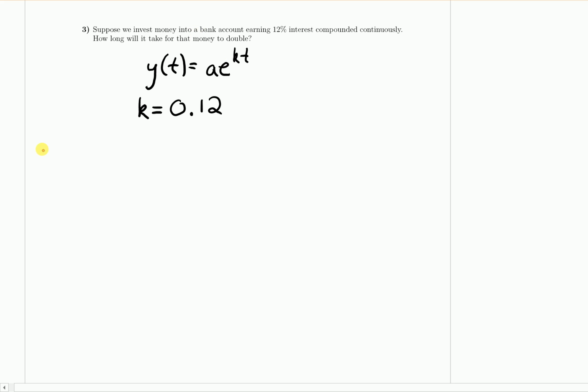Okay, so what we want is we want the final amount to be twice as much as the initial amount. So we want the final amount to be 2 times as much as the initial amount. Okay.